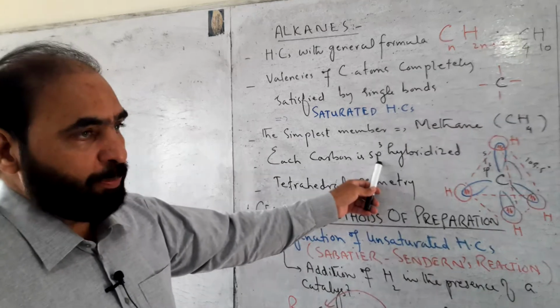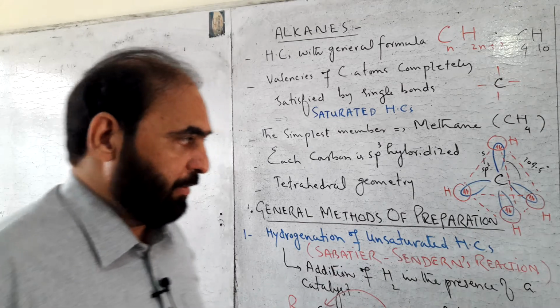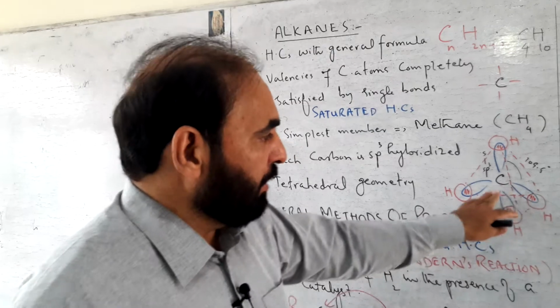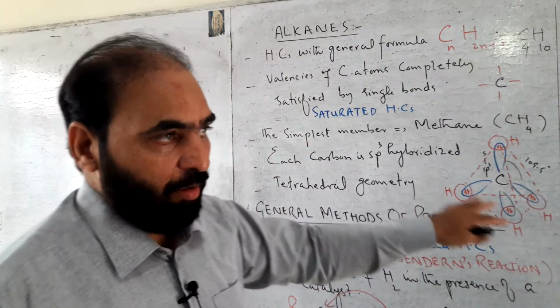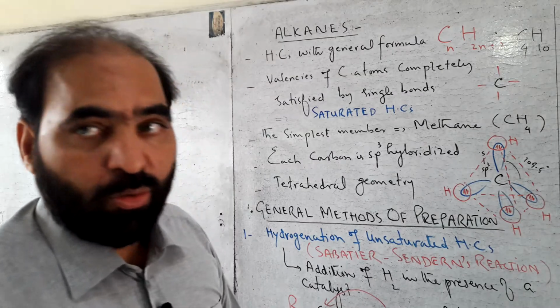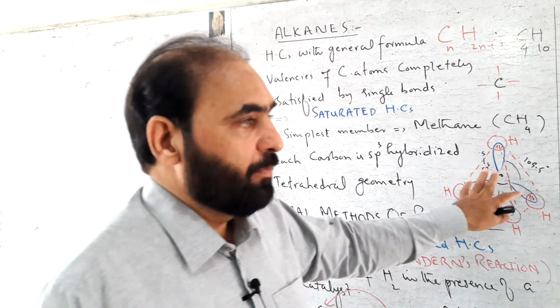The 4 sp3 hybrid orbitals have tetrahedral arrangement. Carbon is located at the center of a regular tetrahedron, and the 4 hybrid orbitals are directed towards the 4 corners of a tetrahedron.